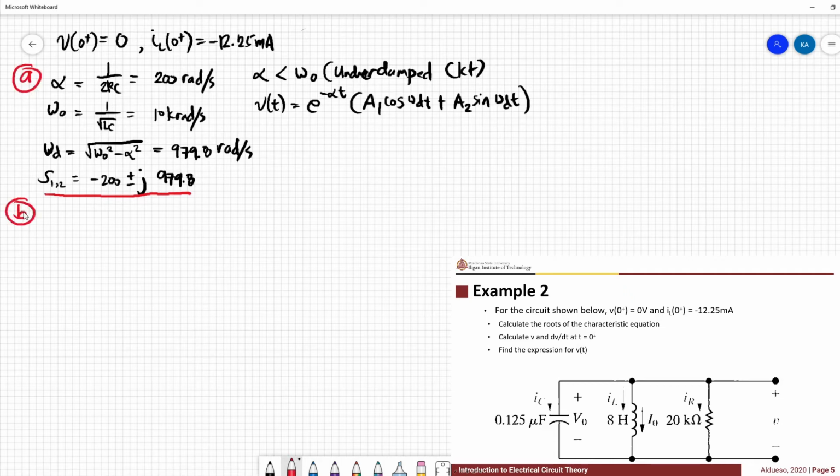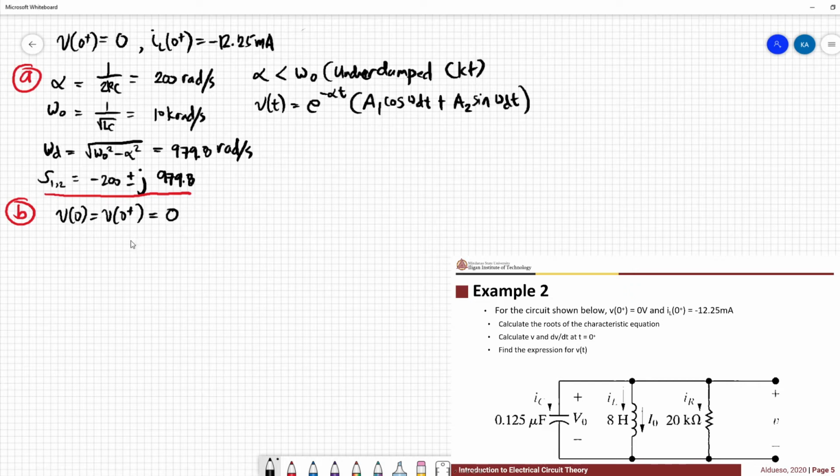For B, calculate V and dV/dt at t equals 0 plus. So we are given the V at 0 minus, V at 0 plus. So V0 is just equivalent to V at 0 plus, equal to 0.